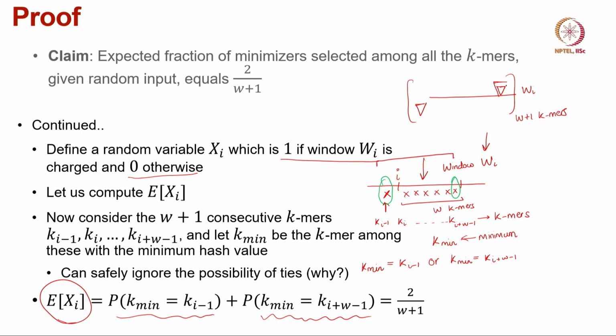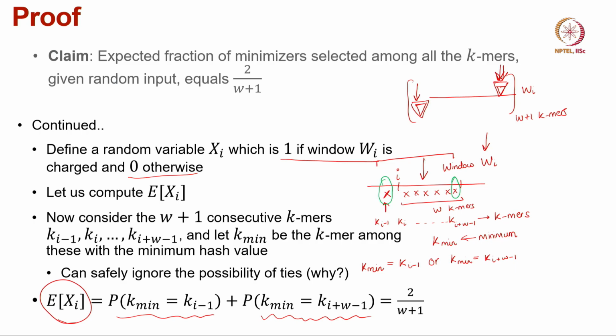Only in these two situations will window Wi pick a new minimum value, because if this is the minimum, then as we slide we will have to pick a new minimum value, and if this value is the minimum value, then as soon as my window is shifted, this will be the new minimum value of the new window. So, I encourage you to think about it, that these are the only two cases in which the Wi window will be charged.